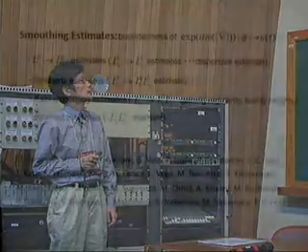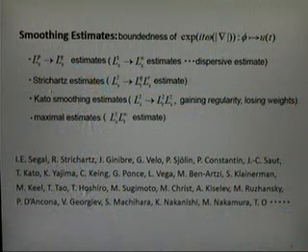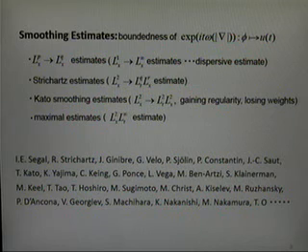The second is the so-called Strichartz estimate, the boundedness from L2 to some space-time integrability spaces.